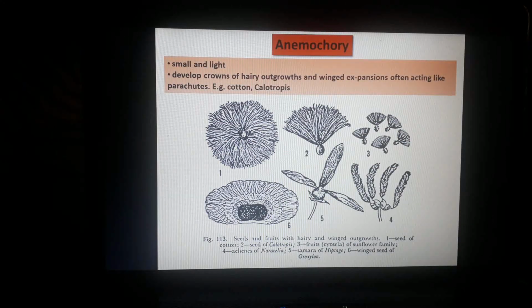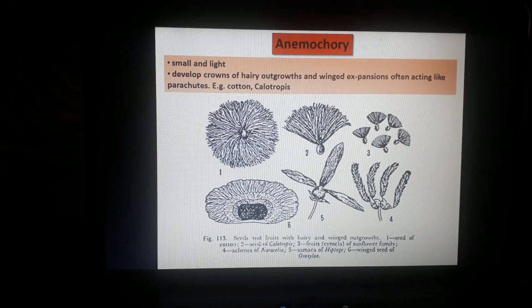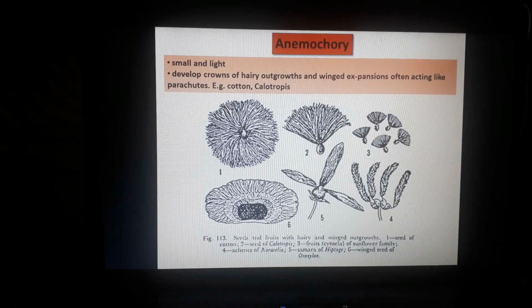In this case, the seeds are very small and light, and sometimes they develop the crown of hairy outgrowths and winged expansions which often act like the parachutes, and these are carried away or blown off with the help of the wind to the longer distances. For example, in case of the calotropis and in case of the cotton, you can see that these seeds are very small and these are blown off with the help of the wind to the longer distances.